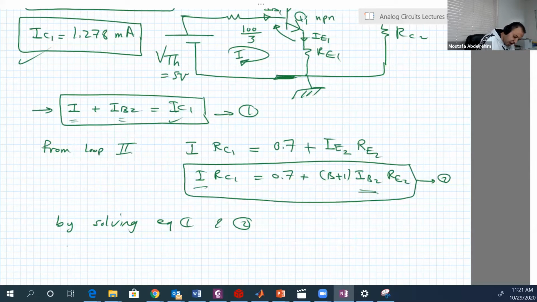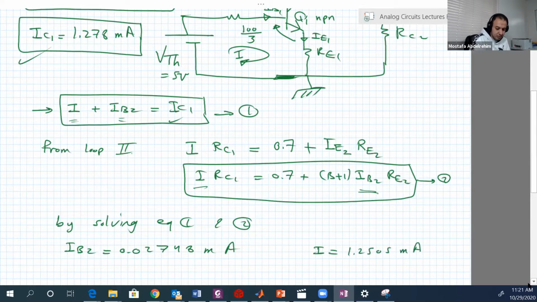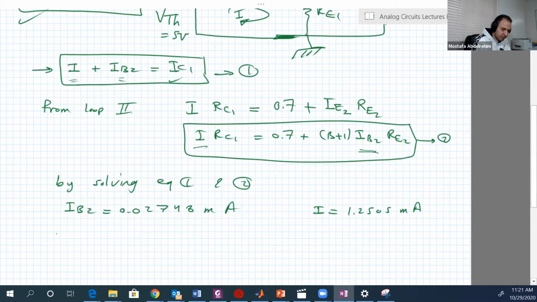IB2 is equal to 0.02748 milliamperes, and I is equal to 1.2505 milliamperes. Usually IB for either NPN or PNP is much smaller than other currents. Then we can get IC2, just multiply this by 100, so this will be 2.748 milliamperes, which is approximately equal to IE2 as well.